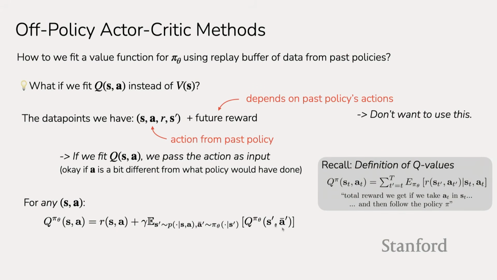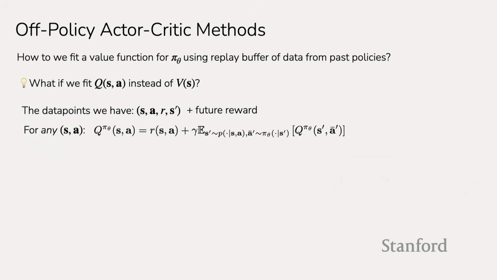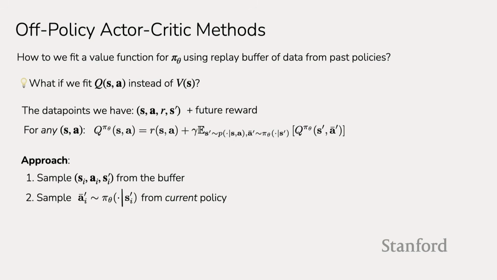So we're recursively defining the Q function here. Let's go through the next part. We'll sample an S, A, S prime from the buffer. This A was from an old policy, but the dynamics are constant, right? Then we'll sample an A prime from our current policy, conditioned on S prime.